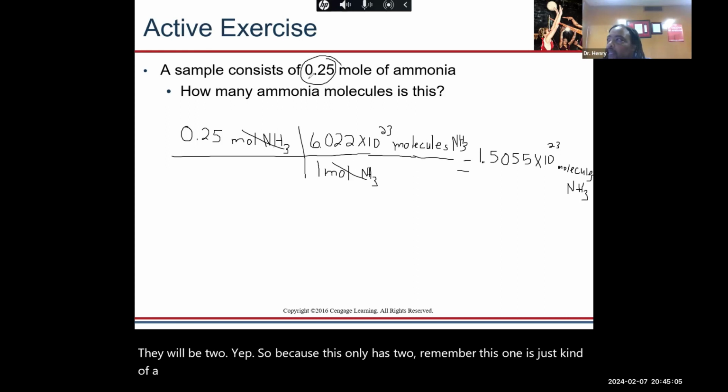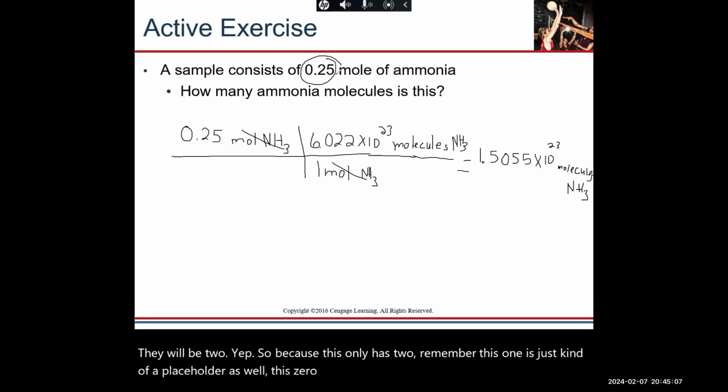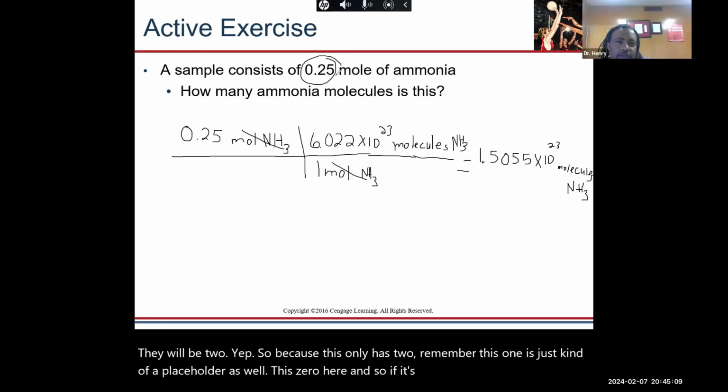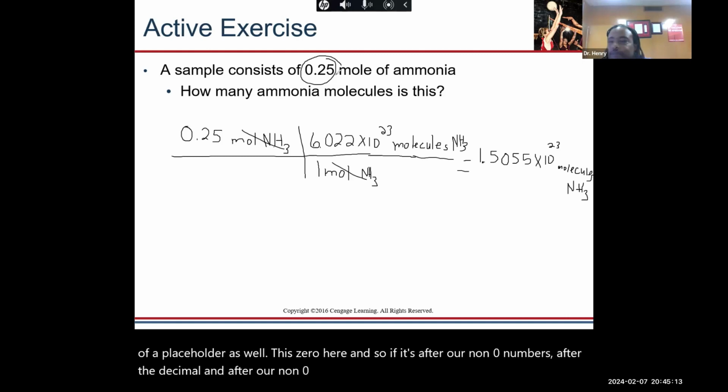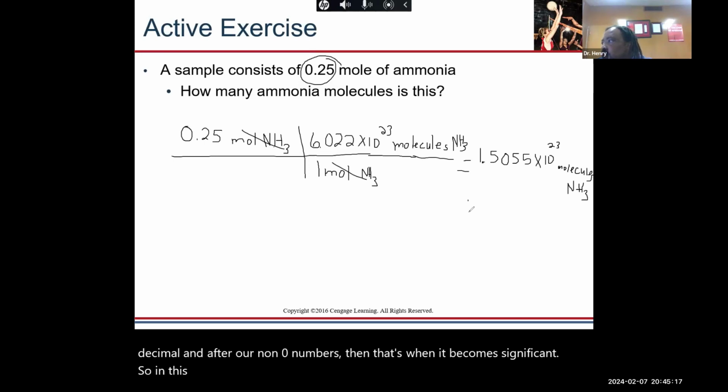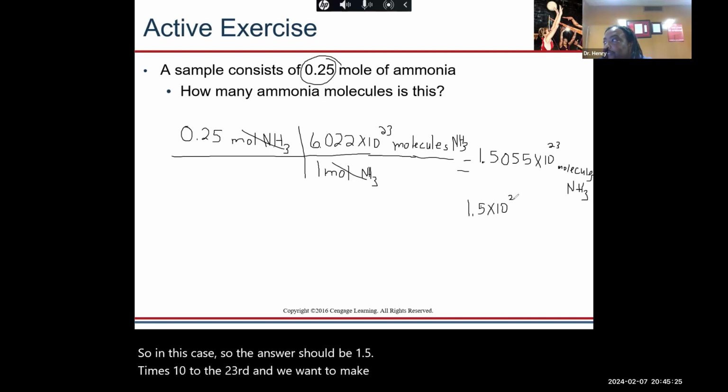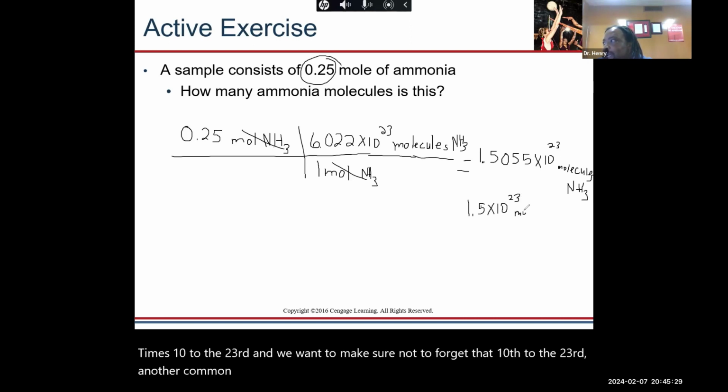If it's after the decimal and after our non-zero numbers, then that's when it becomes significant. So in this case, the answer should be 1.5 times 10 to the 23rd. And we want to make sure not to forget that 10 to the 23rd. Another common mistake of students that are just starting out.